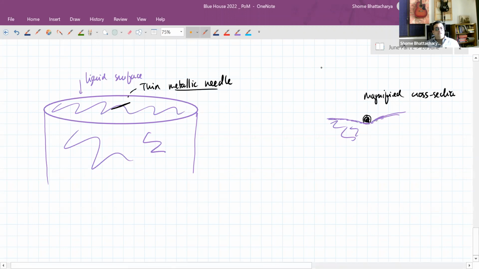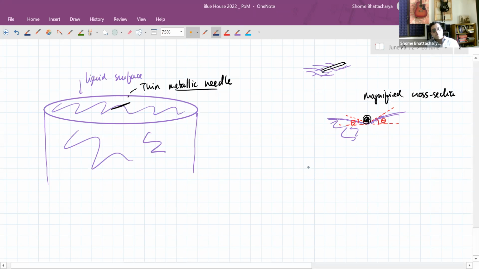In a three-dimensional diagram, the surface of the liquid has just got a slight bend. If we draw a tangent at the point of contact, that makes an angle theta on either side with respect to the horizontal.